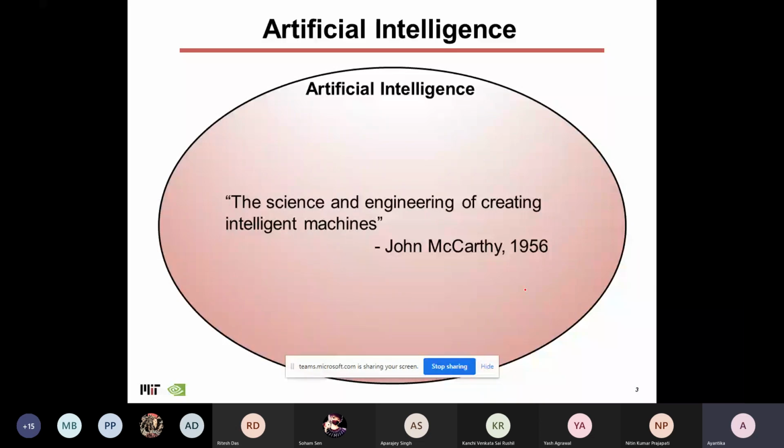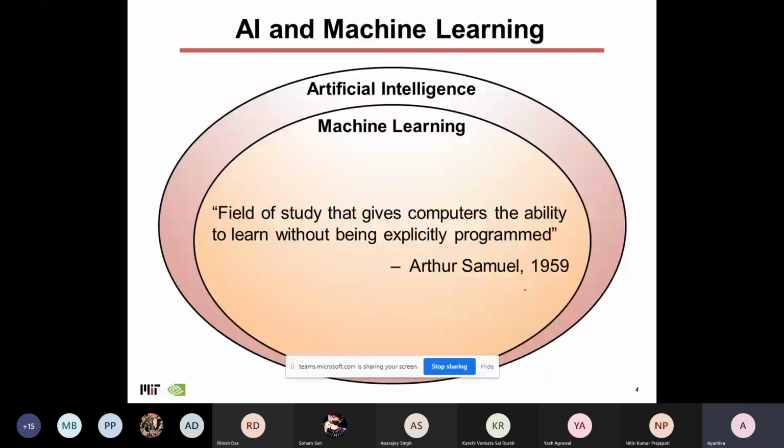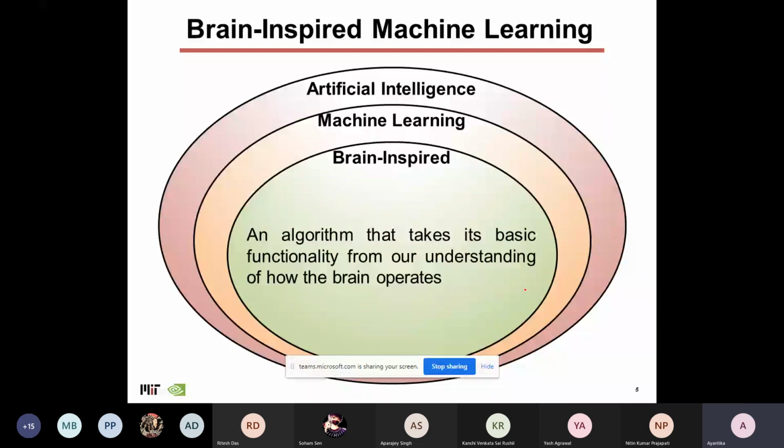We know that machine learning is a field of study that gives computers the ability to learn without being explicitly programmed. Within the whole machine learning domain, there is one subset we will talk about here, that is brain inspired.